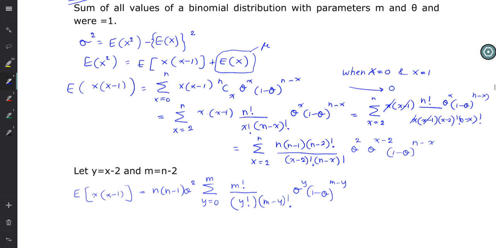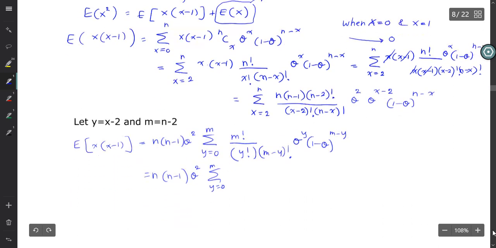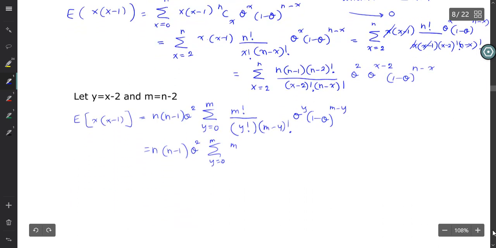Now what do you see here? Another binomial density. So you see sum of y going from 0 to m, m choose y, theta to y, (1 minus theta) to m minus y.